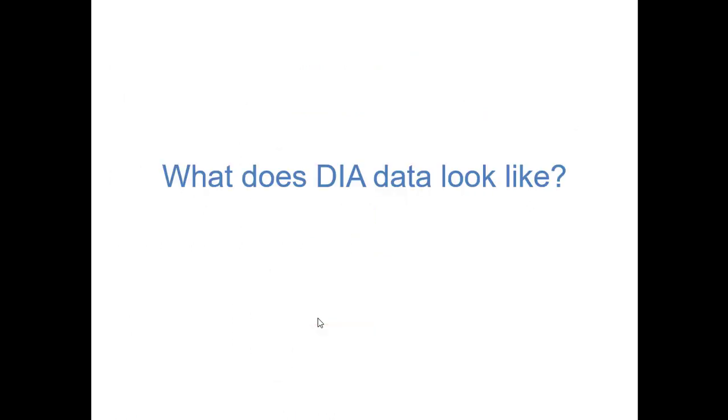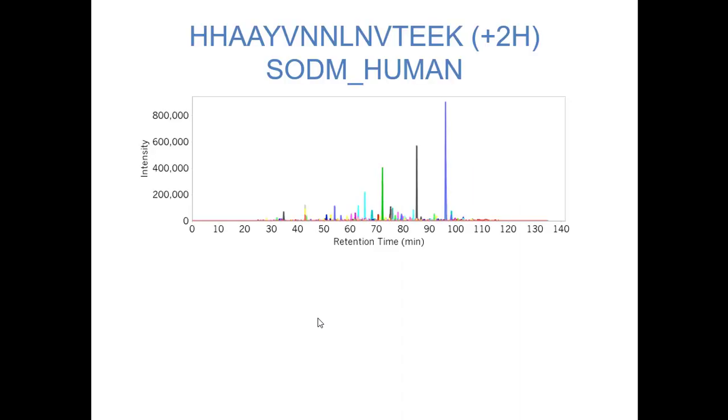Okay. So looking at what this data looks like, this is a trace across a 90-minute gradient for this particular superoxide dismutase peptide. These are all the fragment ions associated with this one peptide. If I were to ask you where this peptide is, it would be hard to pick it out from here.